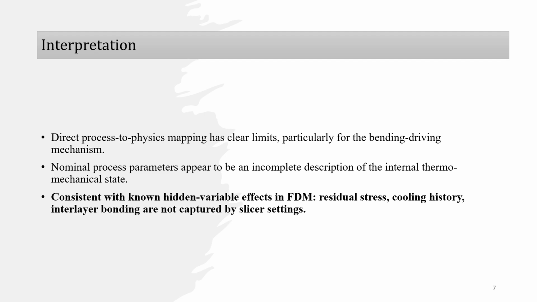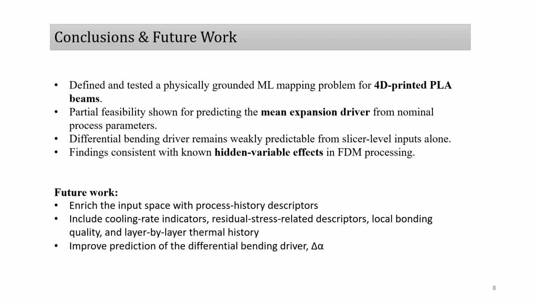To conclude, this study defined and tested a physically grounded machine learning mapping problem for 4D printed PLA beams. Instead of only predicting the final shape, we attempted to predict effective thermomechanical drivers derived from a bilayer CTE framework.